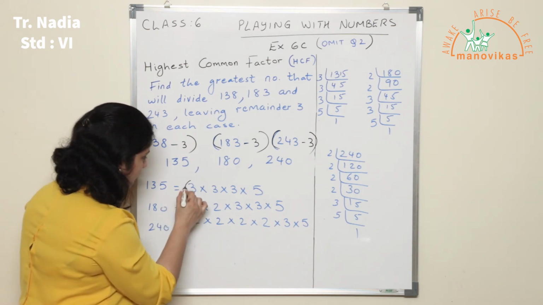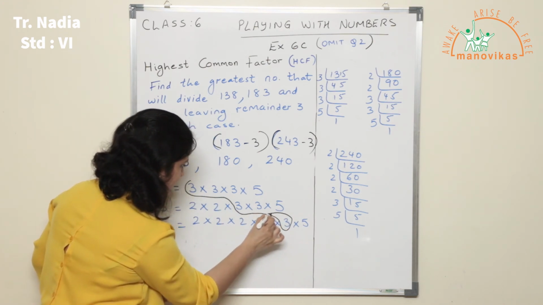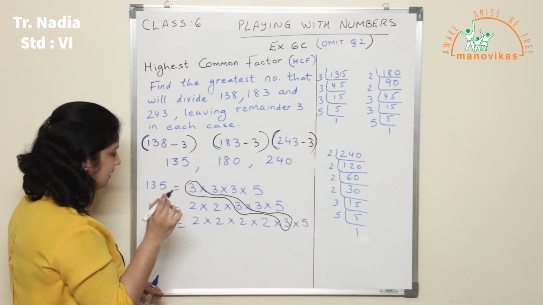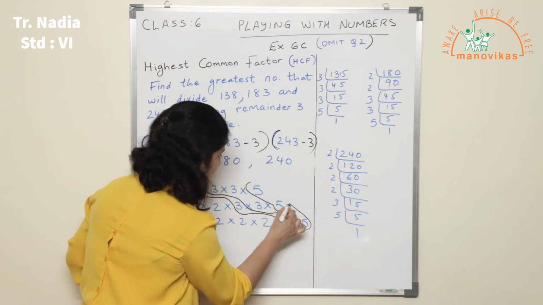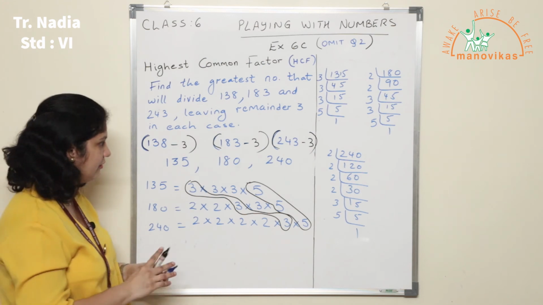There is a 3 which I can make into a set. Okay, you all please do this with a pencil so that it looks neat. And there is a 5 which I can put into a set. There is nothing else which is common to all of them besides the 3 and the 5.